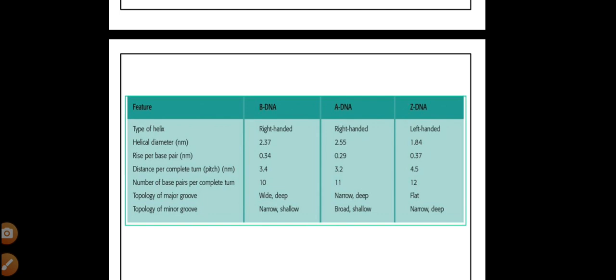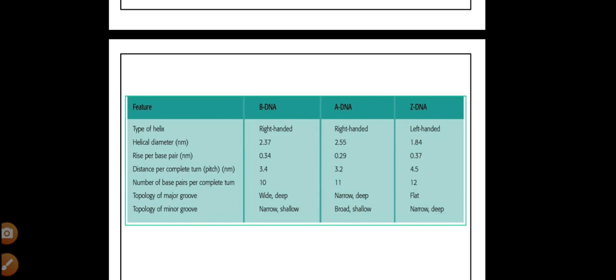Okay, now let's come to some features. Type of helix, type of helical structure. In B DNA, right-handed helix, it exhibits a right-handed helical structure. A DNA also has a right-handed helical structure, whereas Z DNA has a left-handed helical structure.